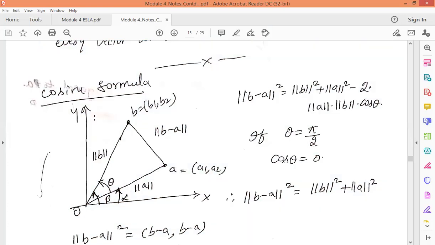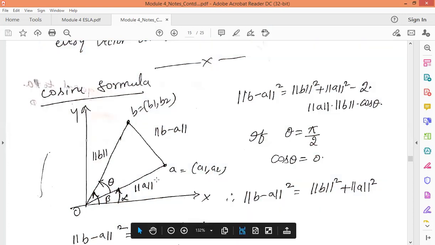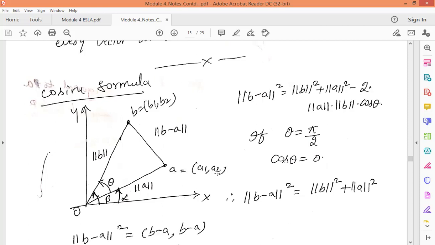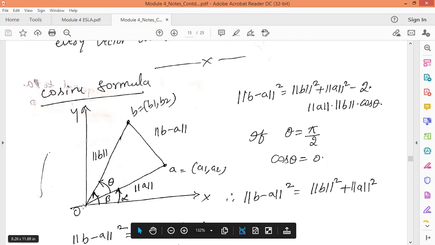So here you can see we have considered two vectors A and B. The vector A is located at the coordinates A1, A2 and B is located at B1, B2. The vector A is drawn from the origin O. The length of A from O is denoted as length of A, and it makes an angle alpha with respect to the x-axis.